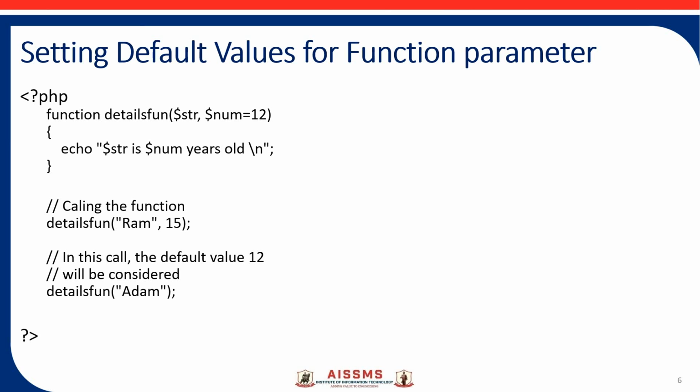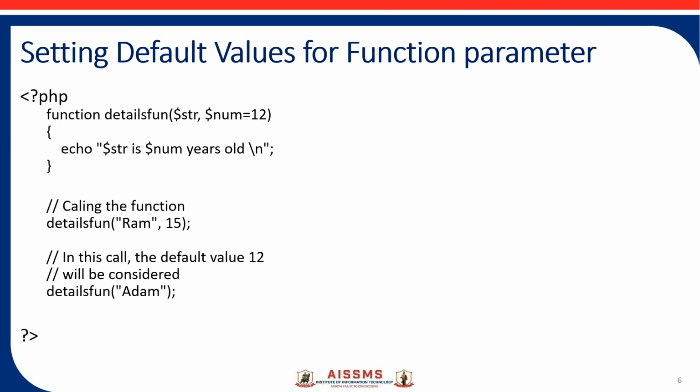When you call the function with ram, 15, the value ram is stored in the $str variable, and the value 15 is stored in $num. So the output will be "ram is 15 years old."